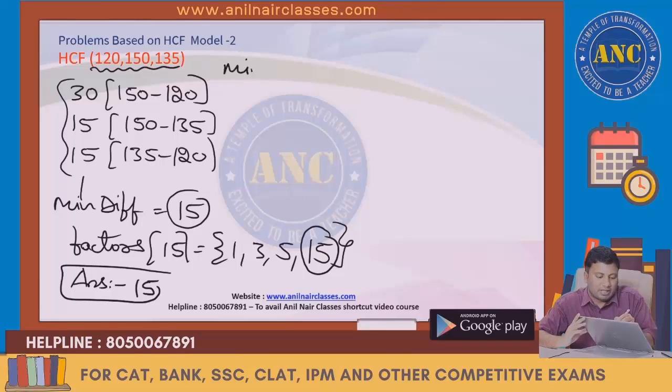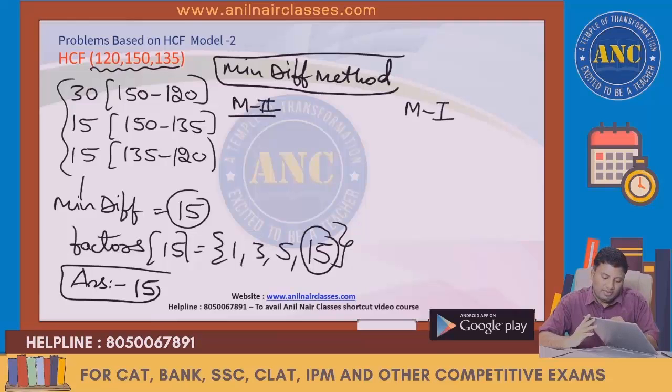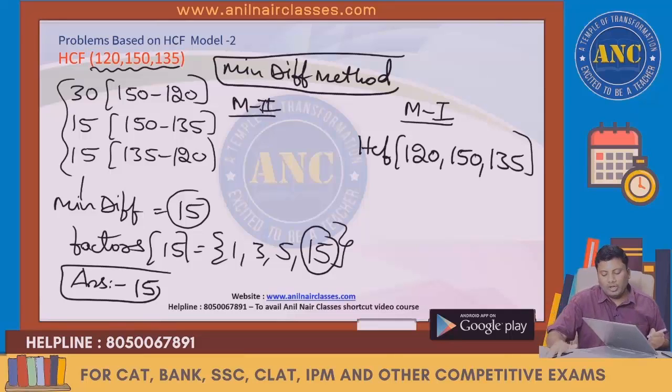In the minimum difference method, calculate the minimum difference between the numbers given. Method number 1, anyway we know it. HCF of 120, 150, 135: 120 is not dividing 135.